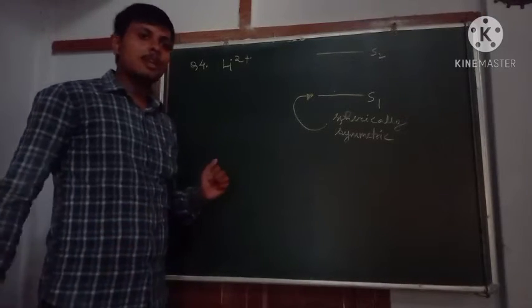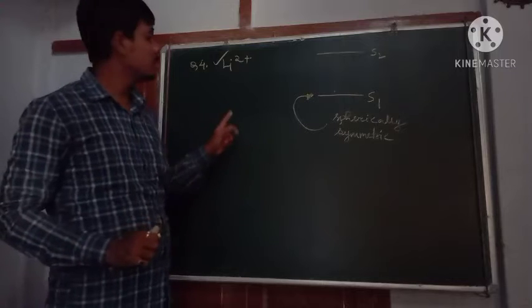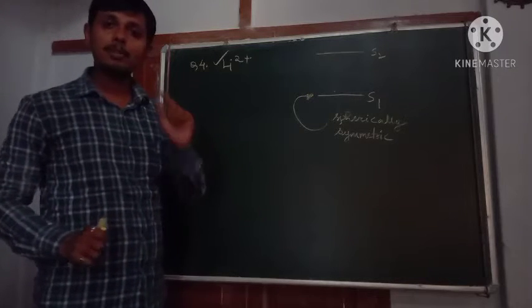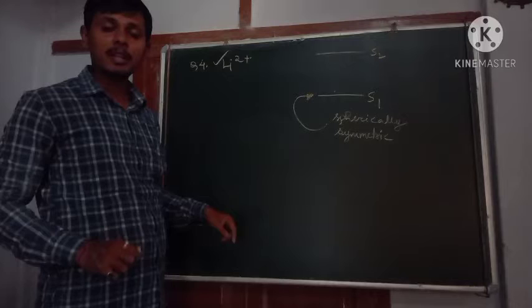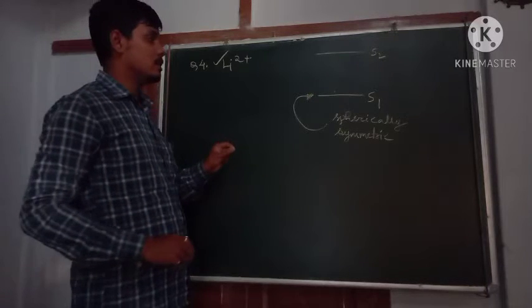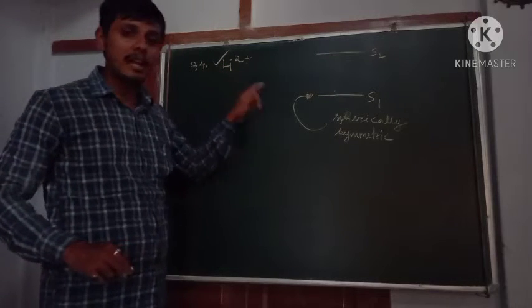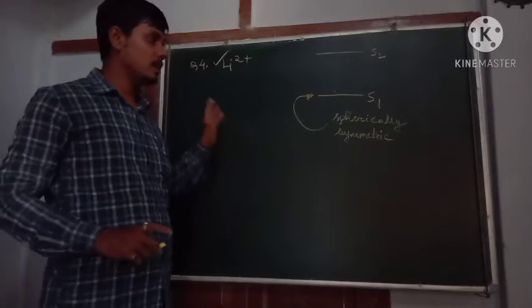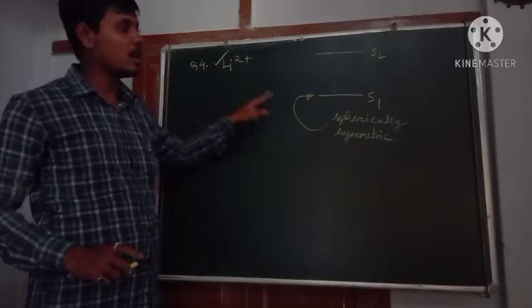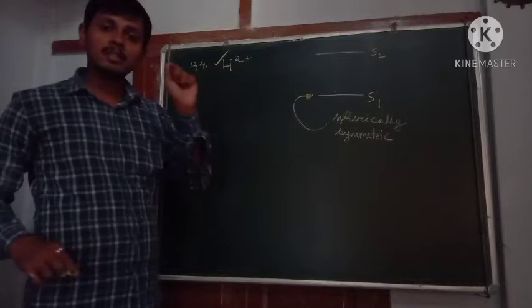So in the next question, we are given a hydrogen-like species, Li2 positive, and it says the electron in this hydrogen-like species Li2 positive is in a spherically symmetric state S1.